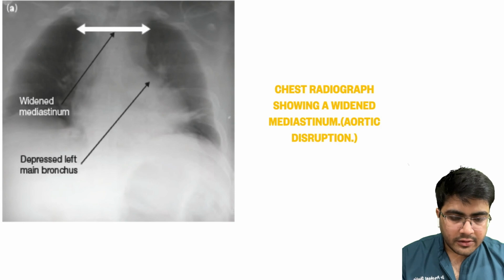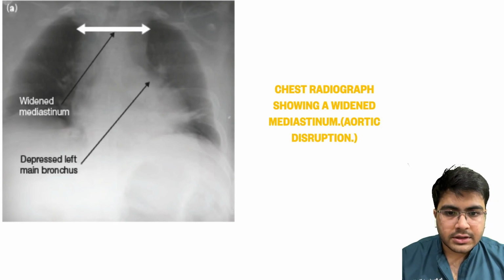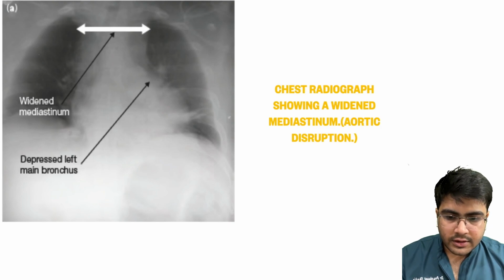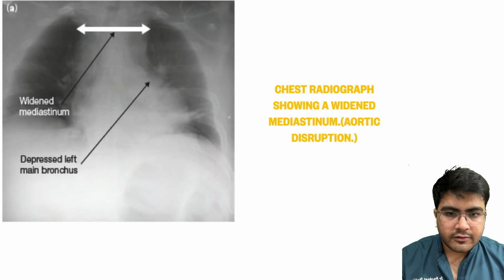Next, after the lung we have a lot of vascular structures in our thorax. If a patient develops traumatic aortic disruption, we will see findings like this. Here you can see there is a widened mediastinum, and a depression of the left main bronchus.